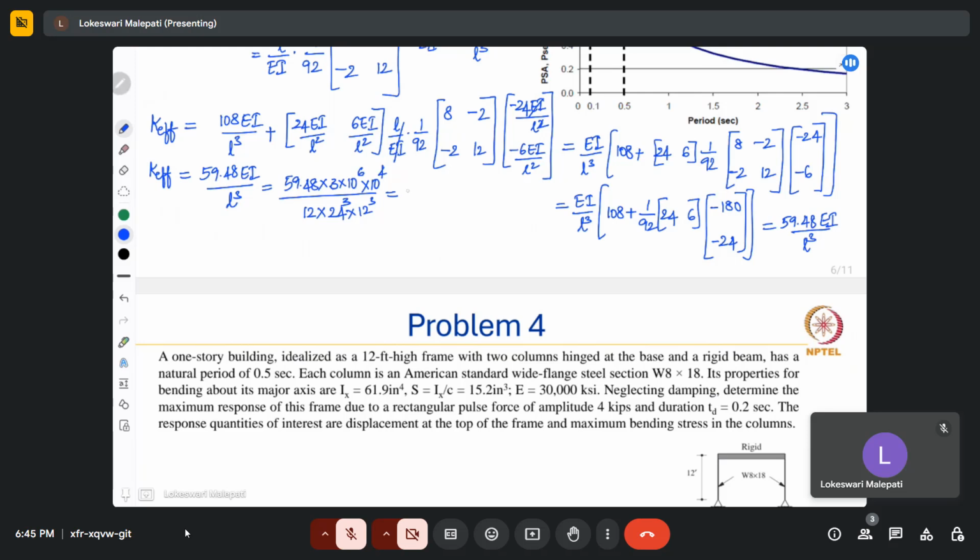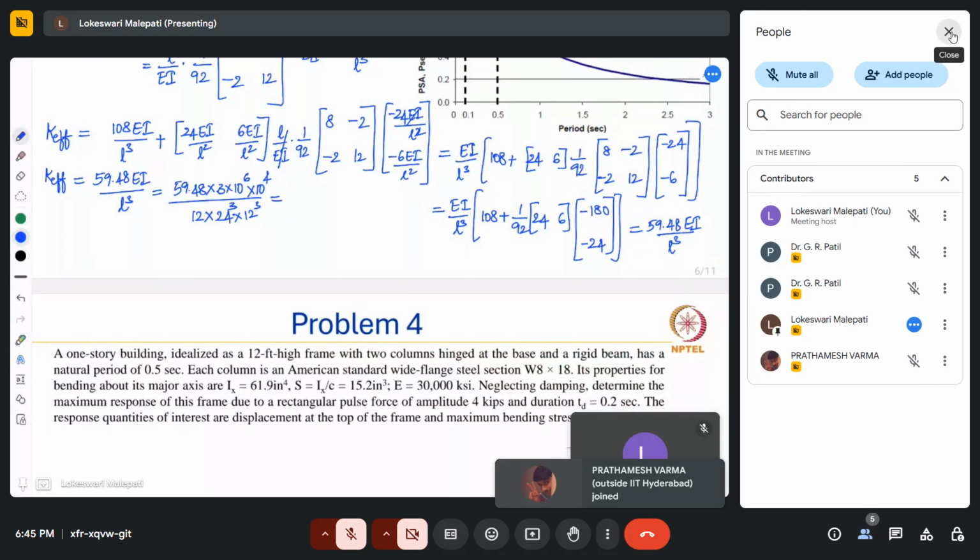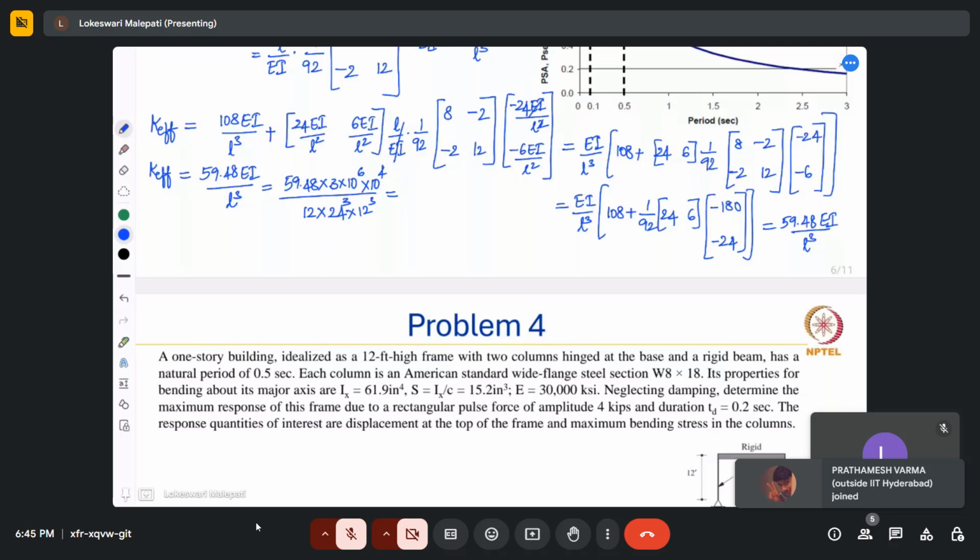So if you evaluate this, you would get a value of 6224.73 pounds per inch. So this is the value of effective stiffness.